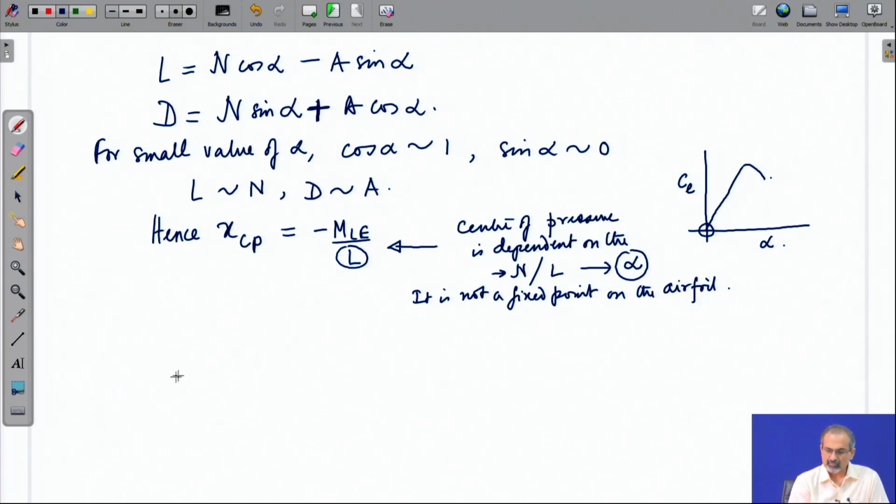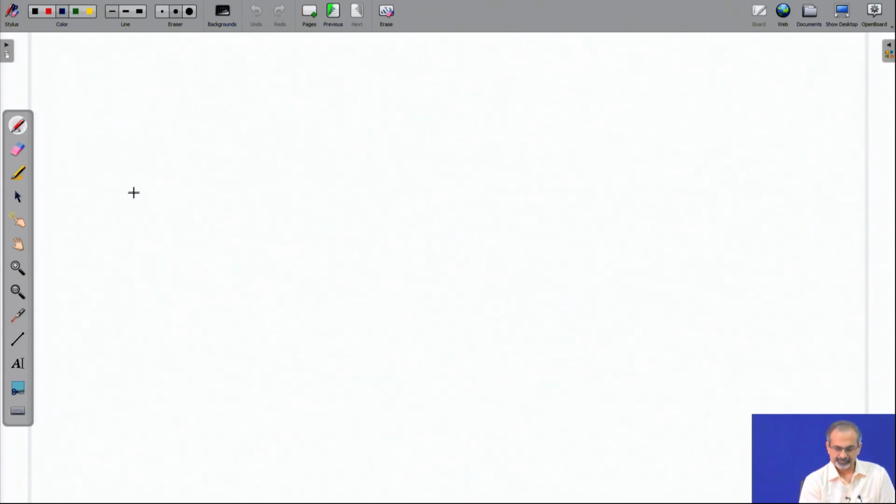Now, we were talking about equivalent ways of calculating the moment that is acting on the airfoil along with the location of this force, the resultant force. So, let us try to draw a few cases which are equivalent to each other.